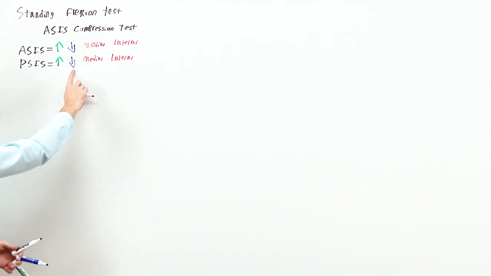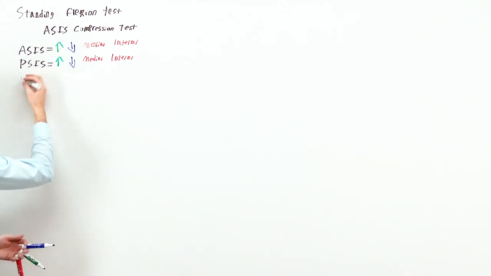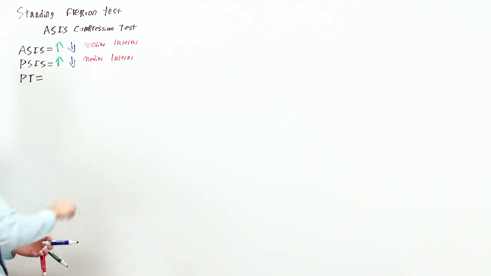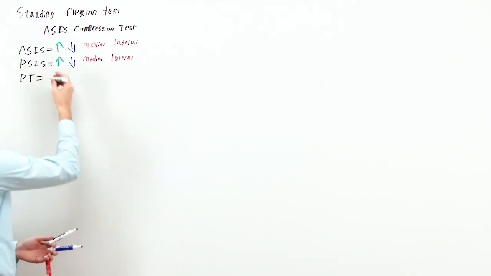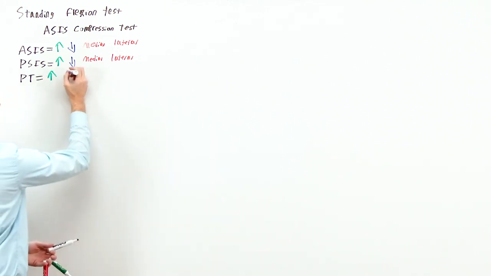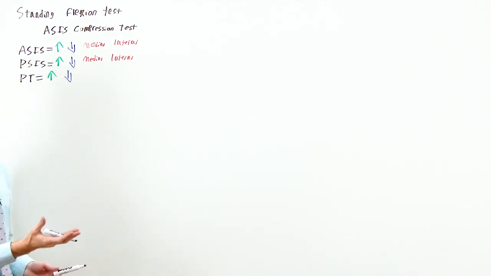So if the PSIS on the left is inferior, that means that the PSIS on the right is superior. The last landmark that you have is the pubic tubercle. The pubic tubercle can either be superior or inferior in relation to the other. So if one is inferior, the other is superior.